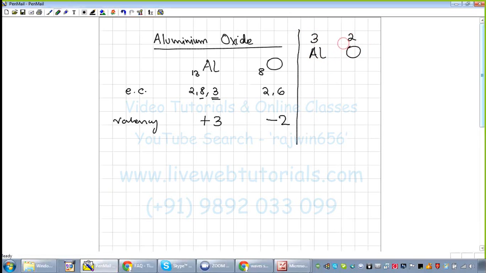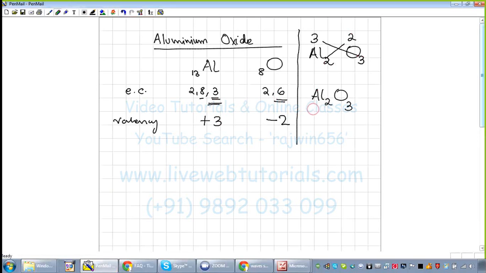Just exchange these valencies. The formula of aluminium oxide will be Al2O3. Now aluminium can donate 3 electrons, while oxygen can accept only 2 electrons in one orbit.